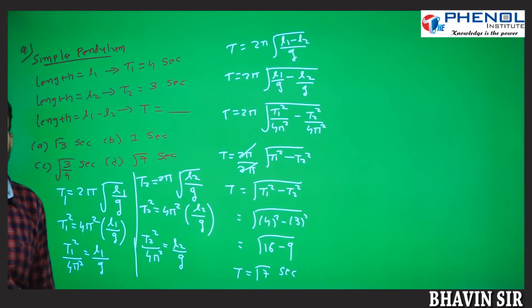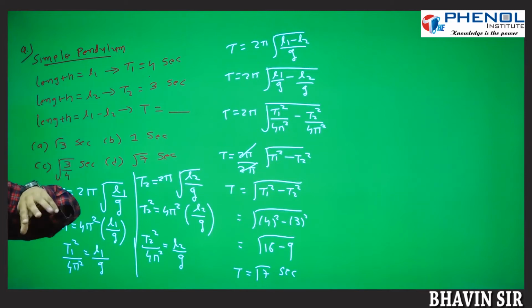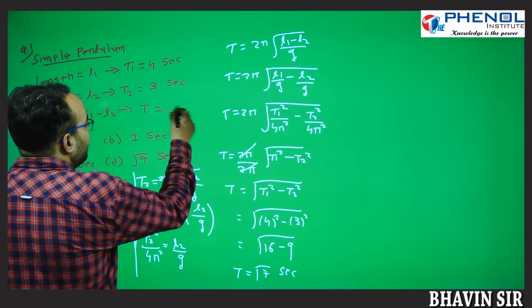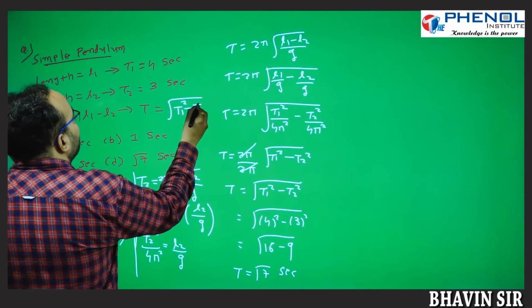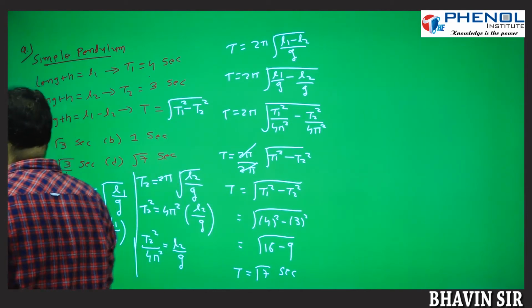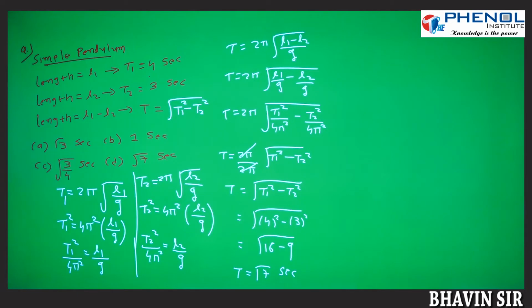So students, you can remember: when the length is L1, the time period is T1. When the length is L2, the time period is T2. So when the length becomes L1 minus L2, the time period is root of T1 square minus T2 square.